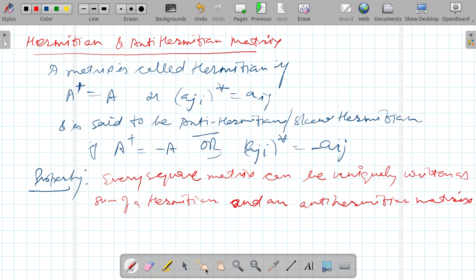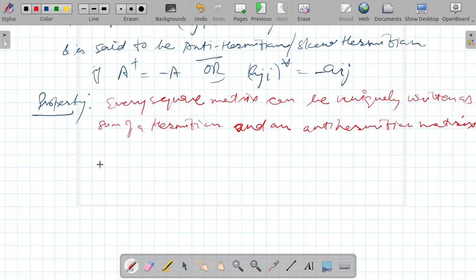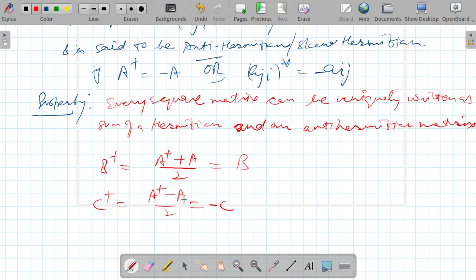That is, mathematically, this can be written as, if B is expressed as A dagger plus A divided by 2, then B dagger must be equal to B, and similarly C is expressed as A dagger minus A divided by 2, then C dagger is equal to minus C. So it is a property of the Hermitian, and it is for the anti-Hermitian, right?